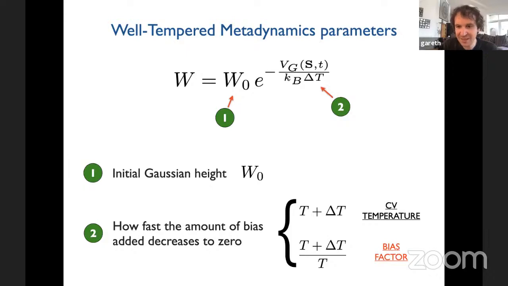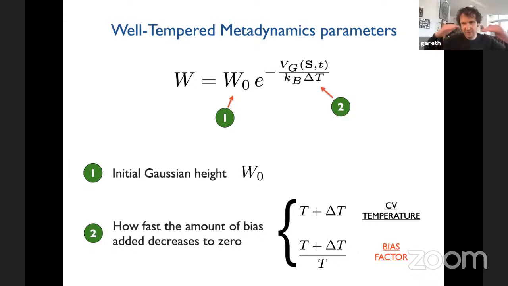And then you have this delta T parameter to set, which is how fast the amount of bias added decreases to 0. To help you think about this, delta T is in units of temperature, and T plus delta T is the temperature at which the CV is exploring phase space.